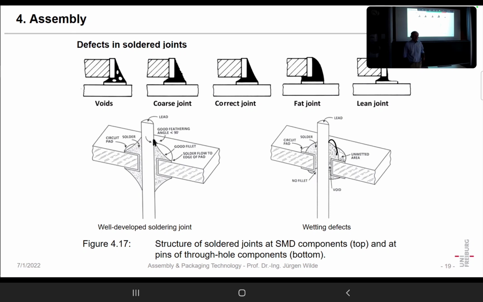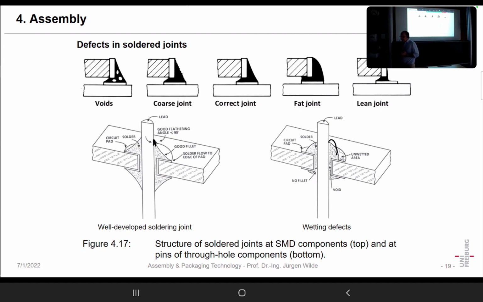Fat solder joint was mainly a result of wave soldering, or of wrong design of the pad here. So if we print too much paste for the size of a pad, then we also have too much solder on that location. And then we can have a lean solder joint. That was also often in wave soldering. One had too much solder, the other had not enough.